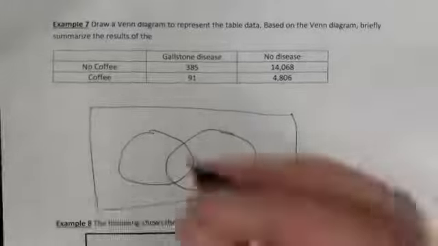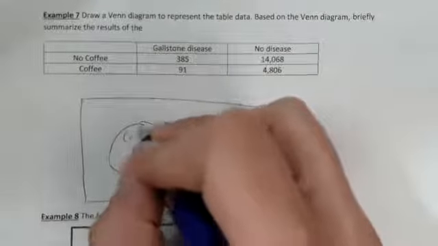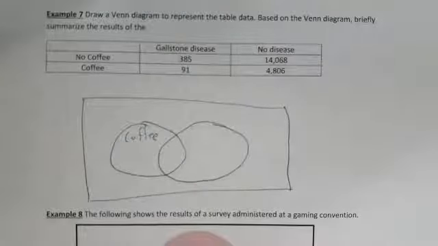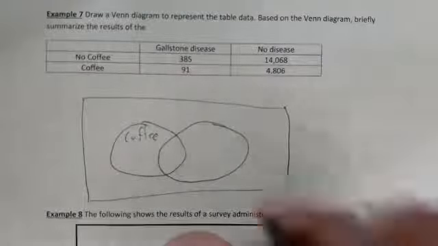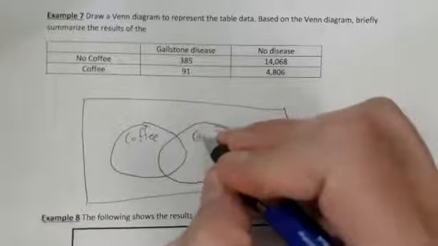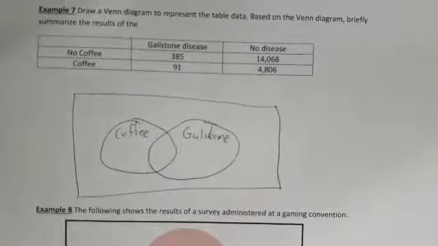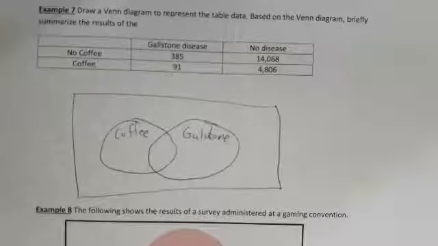So on this one, I'm going to go with coffee. If I go with coffee on this one, I should go with gallstone. Or I should go with no disease. You can also do the other one. Okay, but I want to do coffee and gallstone.